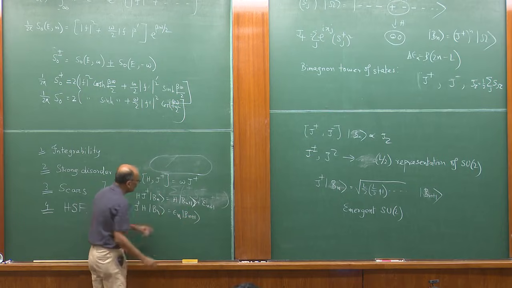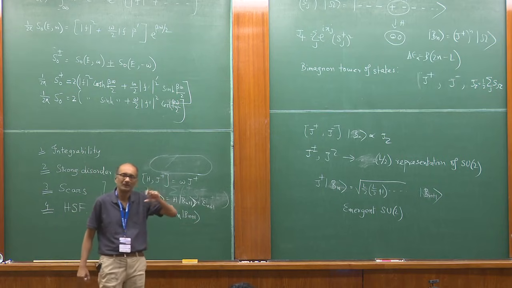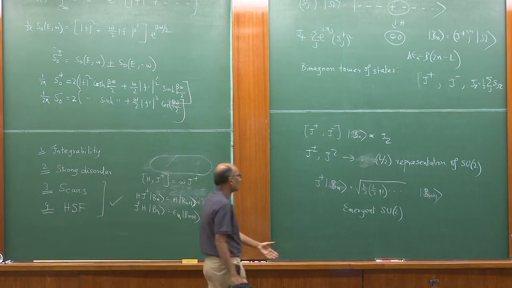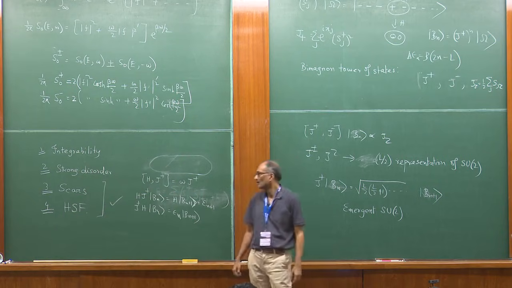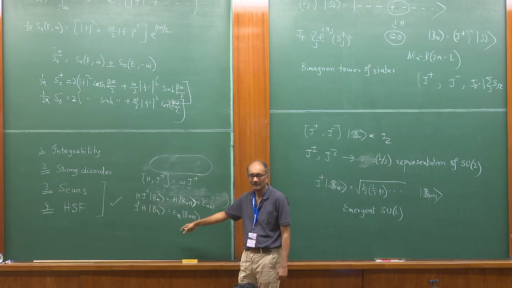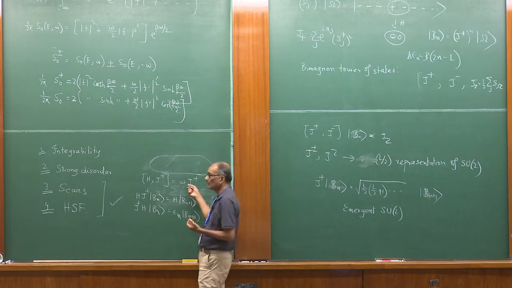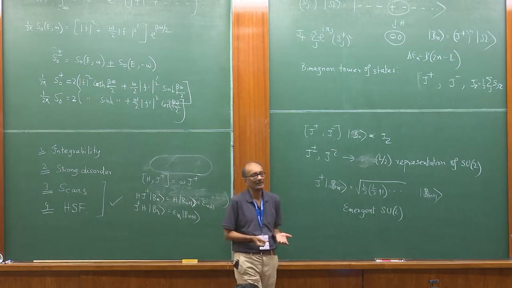So the difference is essentially the difference between the neighboring eigenstates in this tower, and I call this difference omega. This is the operator form of this thing. This is what is called a spectrum generating algebra.